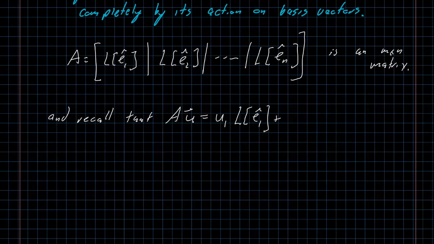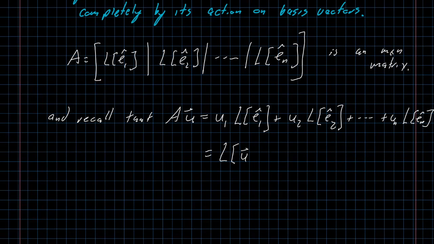You're going to get the second component of u times the second column of A, L acting on e2. And I'm running out of screen space, but that continues through the rest of this. And that is, in fact, exactly what we got when we defined our L of u in the first place.